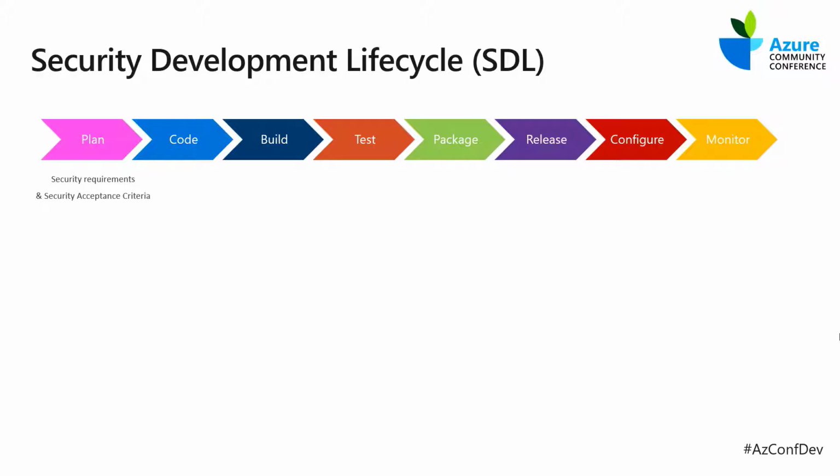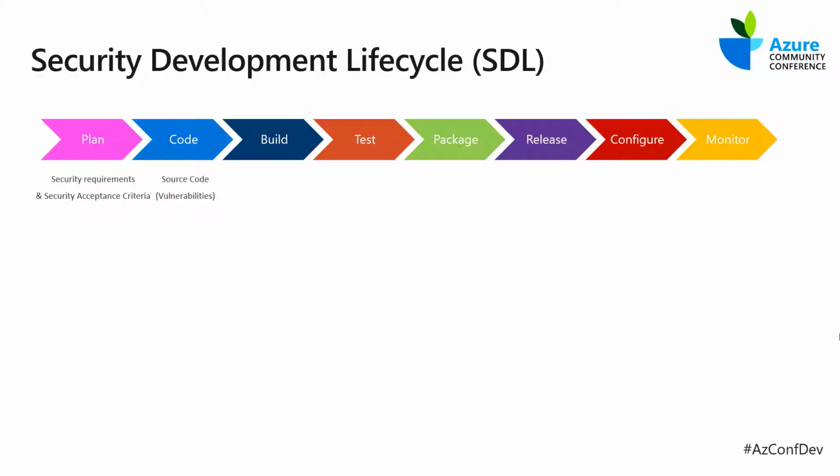For example, when I'm talking about planning, we have the security requirements. I should capture the security requirement, which is a non-functional requirement. I should also include that as a part of the security acceptance criteria. So either for the non-functional or even for the functional, you should have security acceptance criteria from the security perspective.